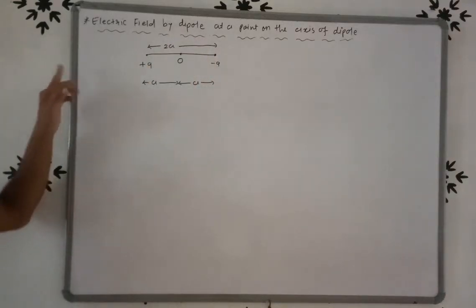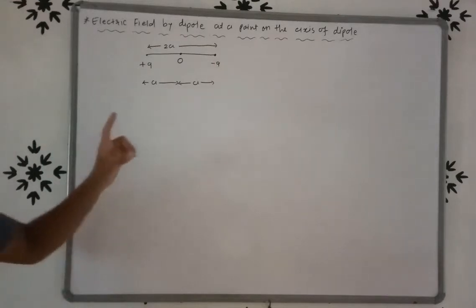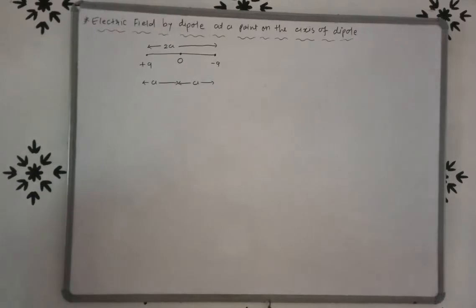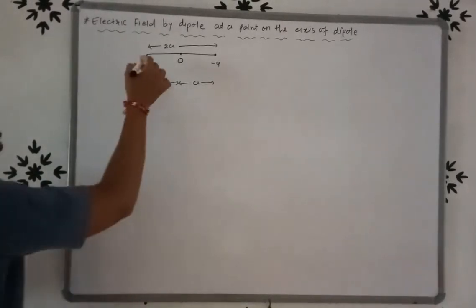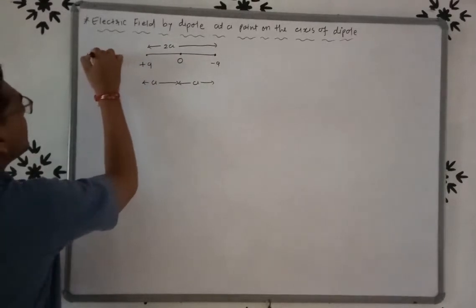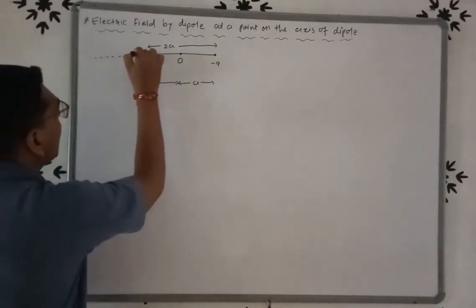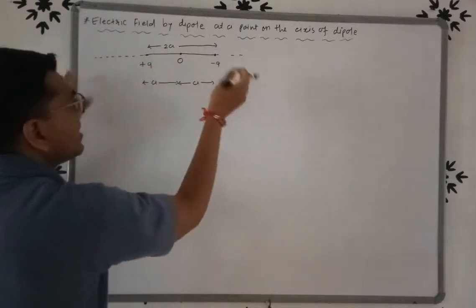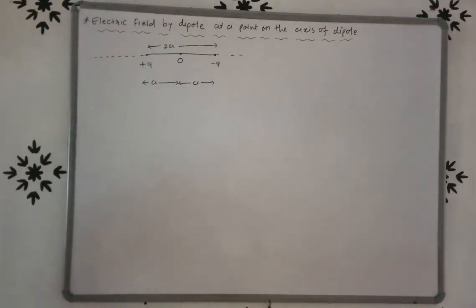We have to find out the electric field at a point on the axis of the dipole, right? So here consider this is the axis like this. Here on this axis we place the dipole.